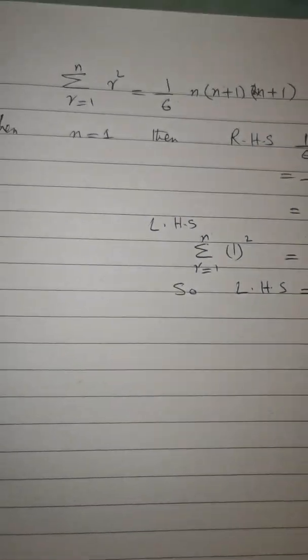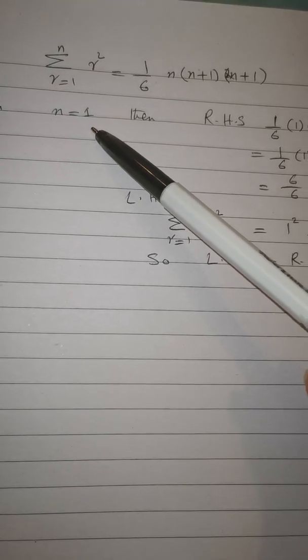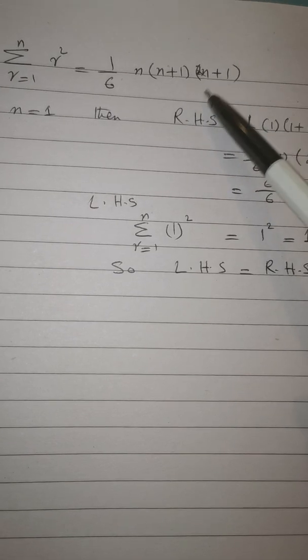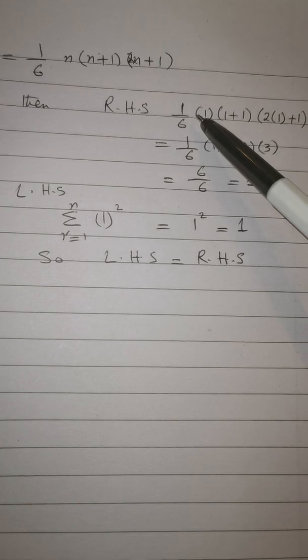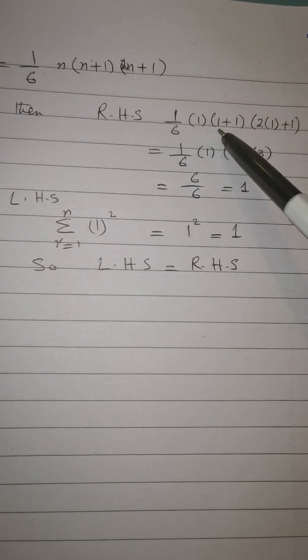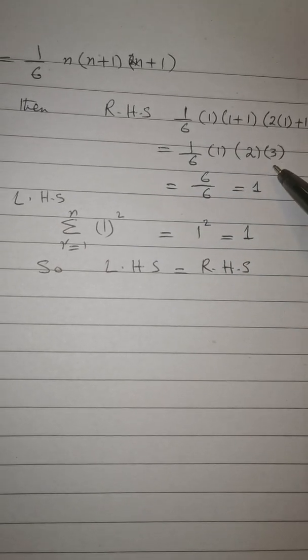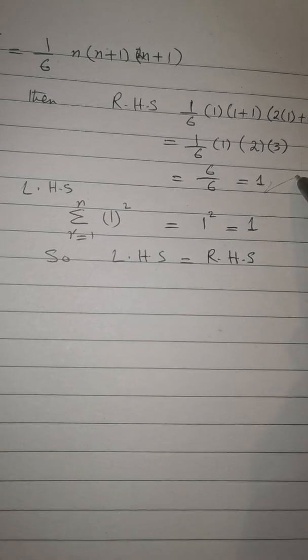Now you will see here we have this statement, and we will prove that this statement is true for n is equal to 1, right? Wherever we have n, we will put its value 1. On the right hand side I will put n is equal to 1, so I have done it here. Wherever there is n, I am putting its value 1, and when I do simplification I get the answer equal to 1.